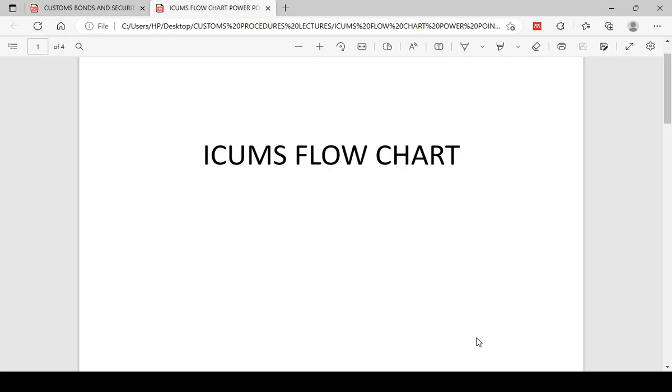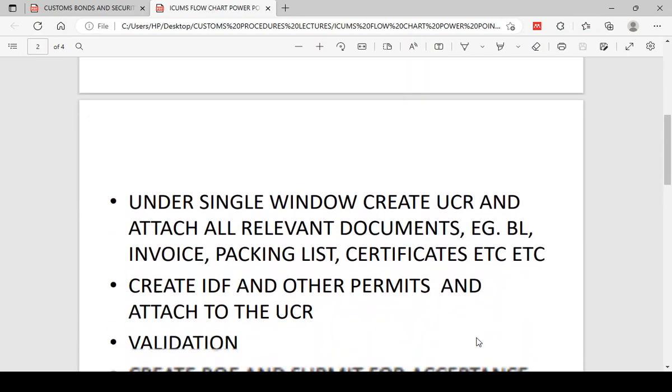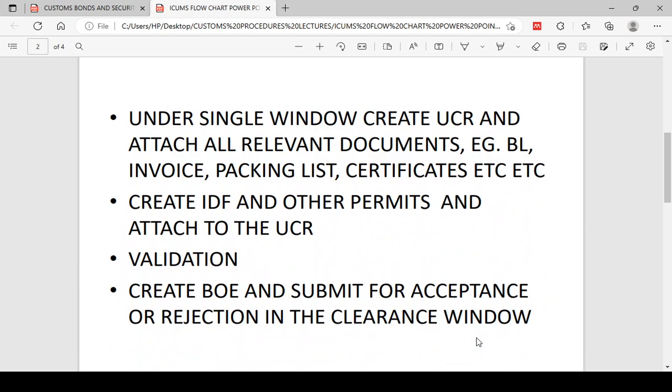So the Customs allows the customs house agent to use the ICOMS system to submit declarations, which are further validated or rejected by Customs, so that it flows end to end, from the beginning of clearing to the end of clearing. So that's the system we are using, the Integrated Customs Management System.